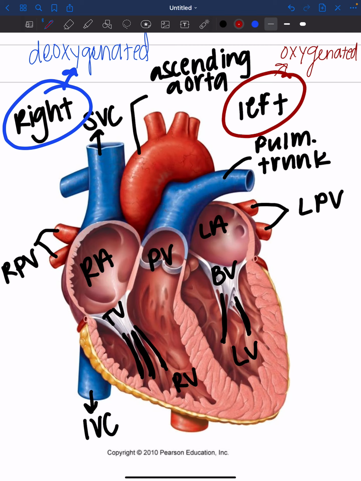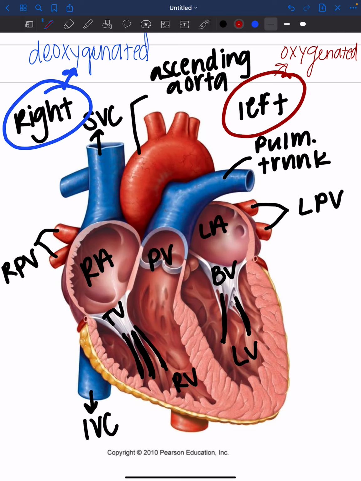The left side of the heart is our oxygenated side, and it is called our systemic circuit. That is going to move blood from the heart to the rest of the body. It's not going to our lungs. The only circuit that's going between the heart and the lungs is pulmonary. Remember that pulmonary is related to heart and lungs. Systemic is related to heart and the rest of the body.